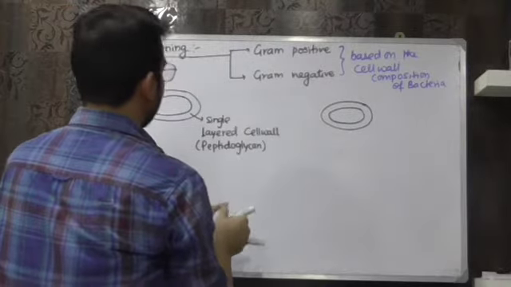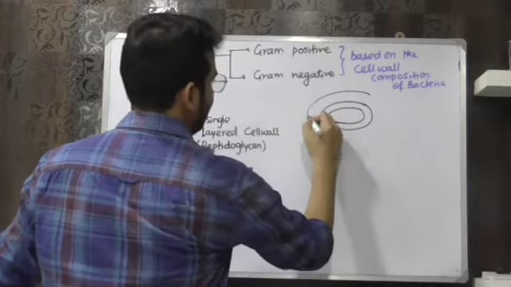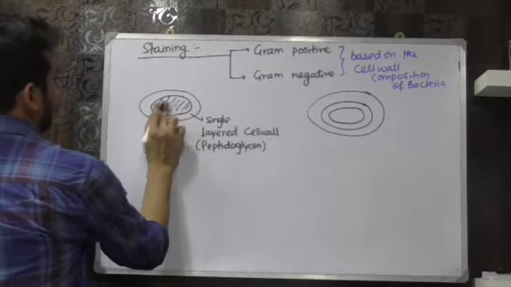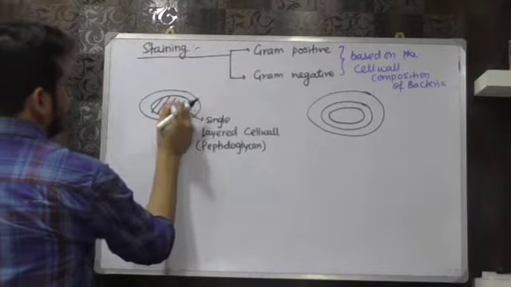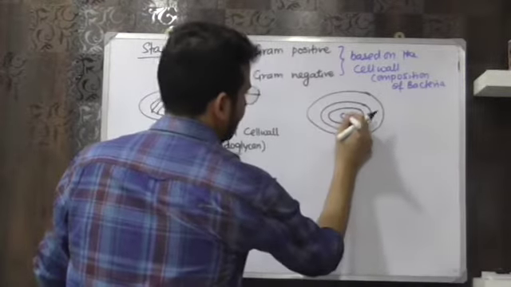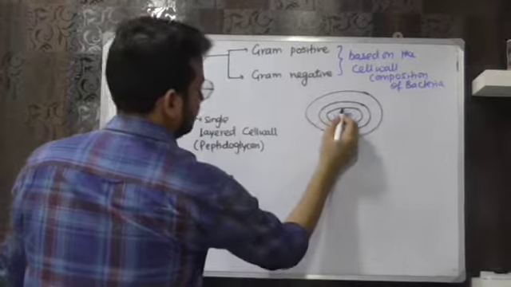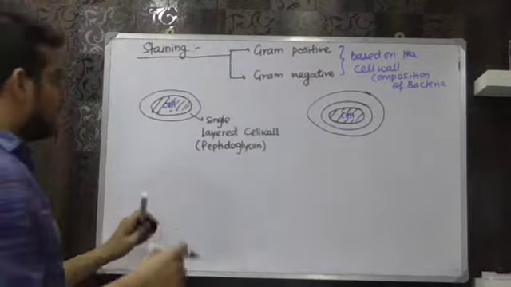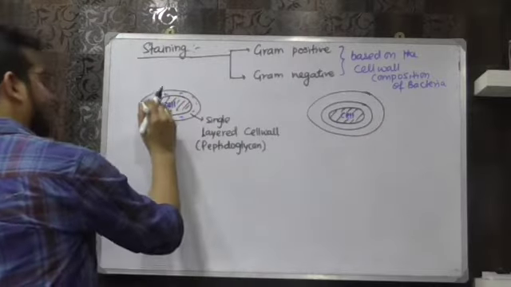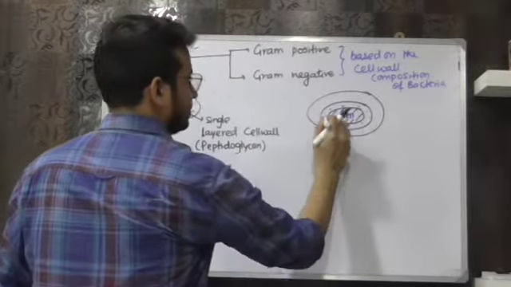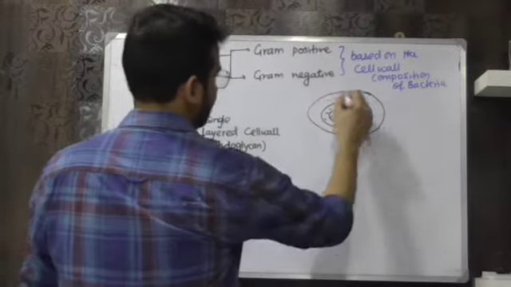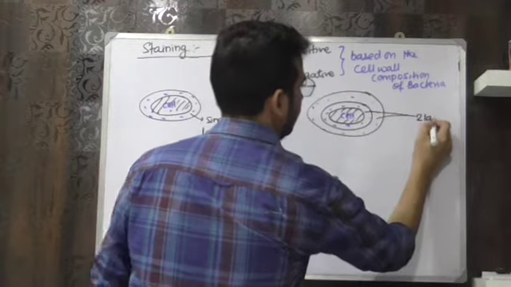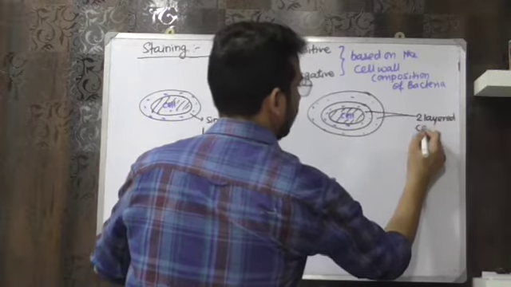In the first case the cell was covered by a single layer, but in this case you can see the cell is covered by two different layers. I can write: two layered cell wall.